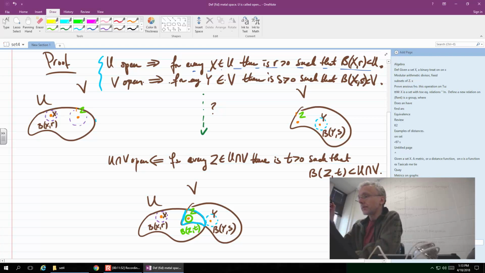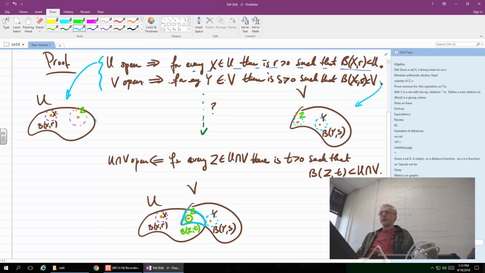That's the first line. Then the second line is about V. Every point within the set V has a ball around it that fits inside of V.